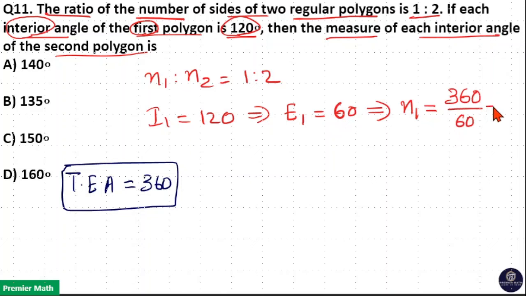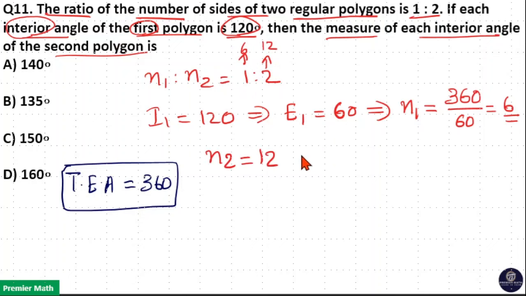Here 360 by 60 is equal to 6. So number of sides of first polygon is 6. If number of sides of first polygon is 6, that is one part is 6, then two part is 12. That is number of sides of second polygon is 12.